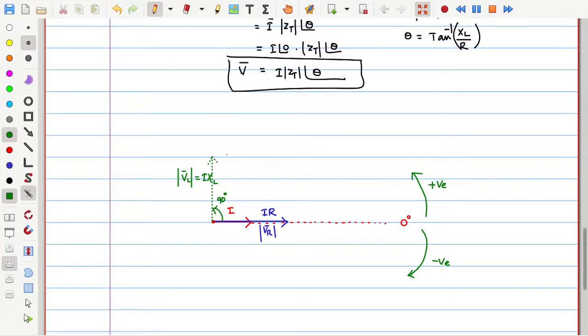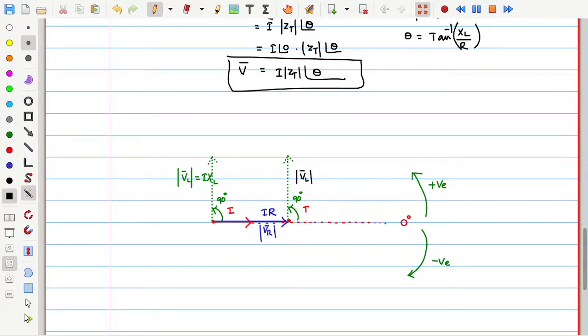Now let us bring this voltage VL onto the tip of VR. I'll tell you why we need to do that. I'll be bringing this voltage across the inductor onto the tip of VR. Now this is the phasor addition. See here, the phasor sum of VR plus VL. Let me write this as VL bar.